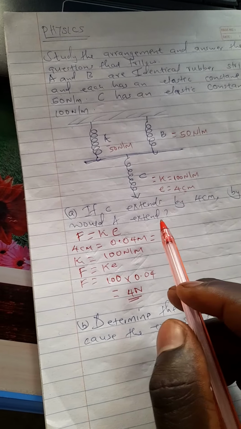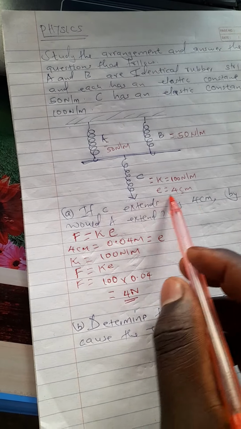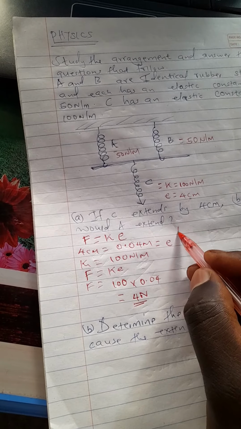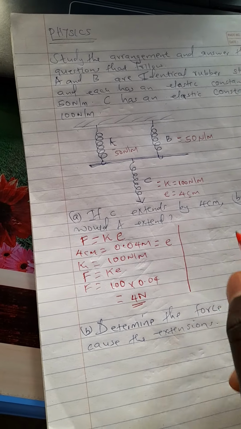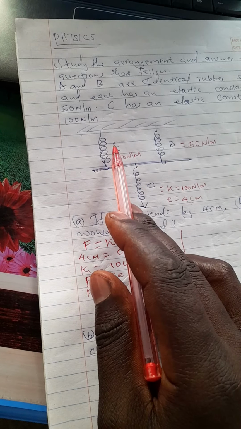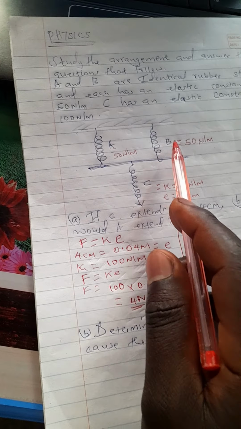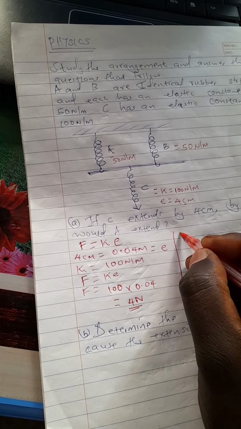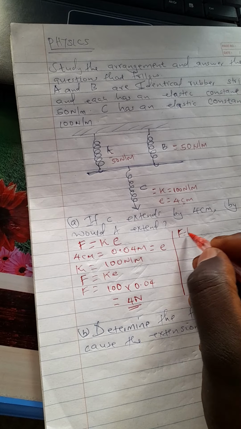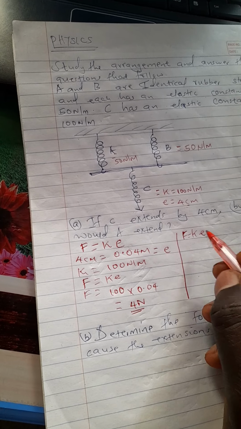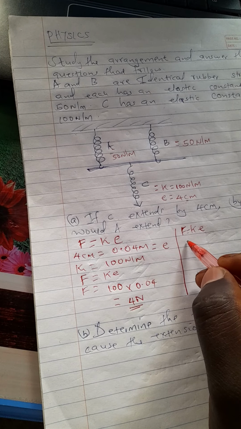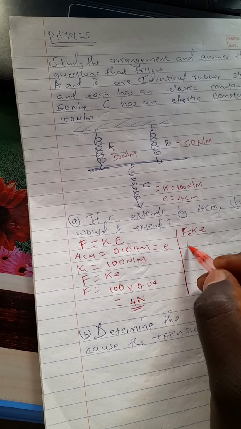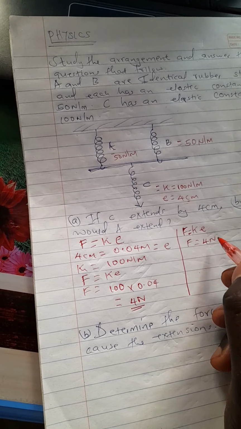But our question was, if C extends by 4 centimeters, how much would A extend? So going back, we want to know how springs A and B are stretching. We say F equals KE. Our force in this case is 4 Newton.